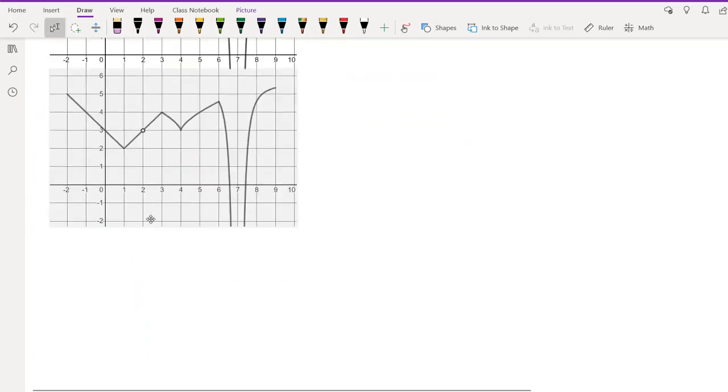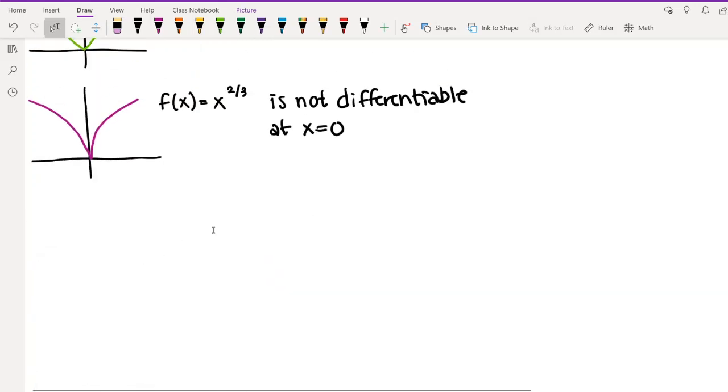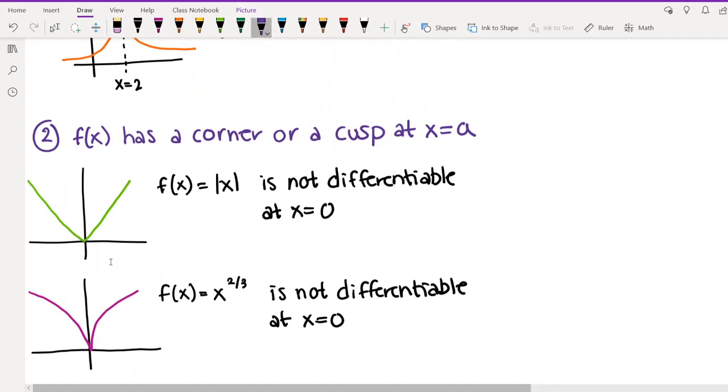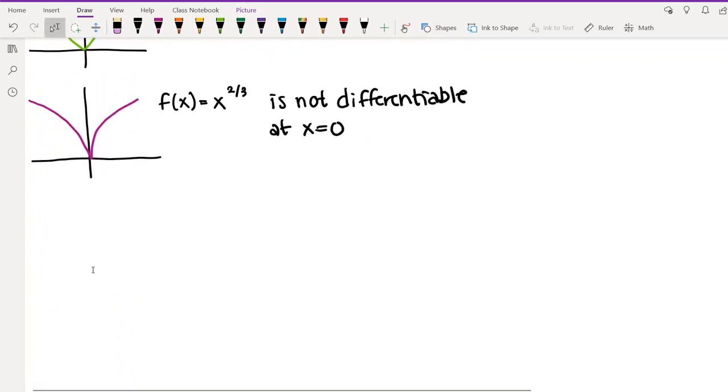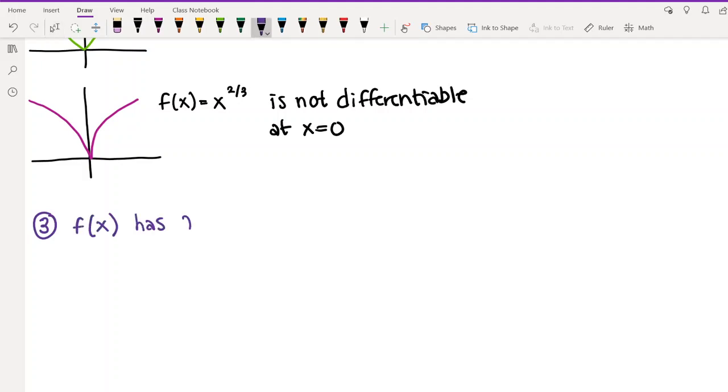Okay, one more. I keep using up more space than I expected. One more condition during which a function might not be differentiable is if f of x has an endpoint at x is equal to a.